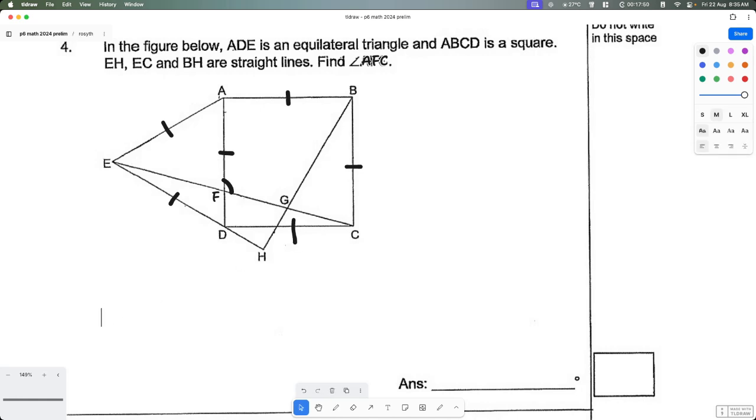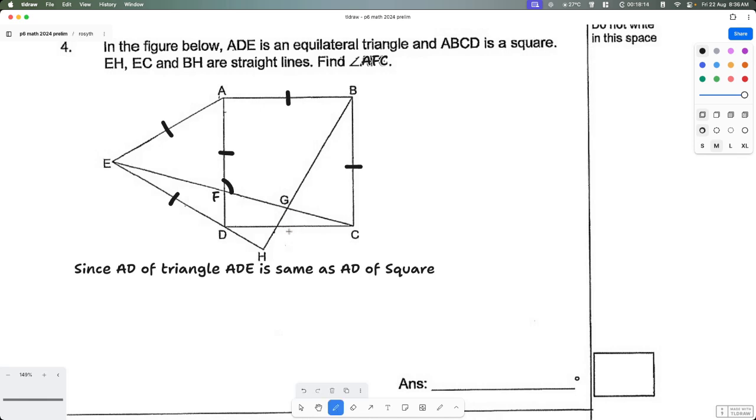Since AF is AD of triangle ADE, same as AD of the square, then you see over here that this is an isosceles triangle.